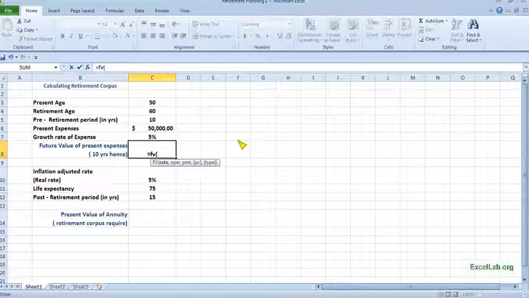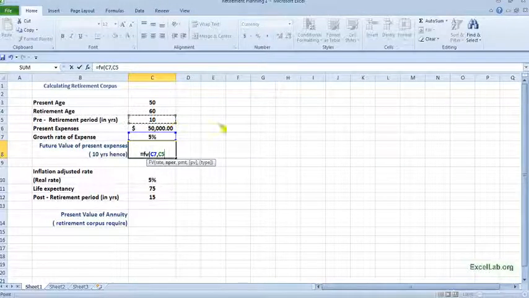Put the parenthesis, and first we can see the rate, which is 5%. Nper is the number of periods, so in our case it is 10 years. PMT is annuity, so we will ignore it and directly come to PV, and we'll put minus $50,000. Minus, since it is cash outflow. I'll close the parenthesis and enter.